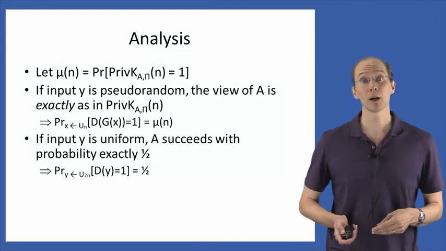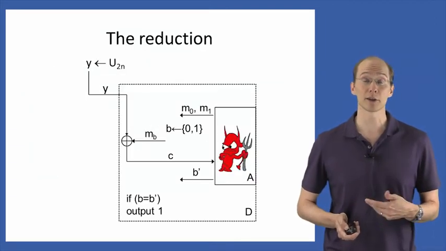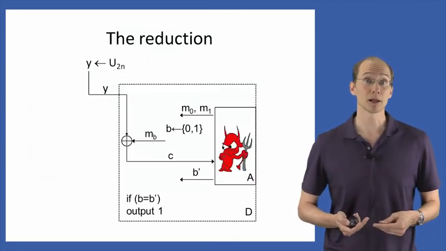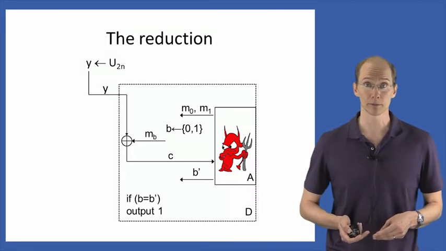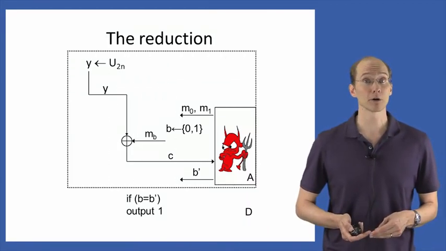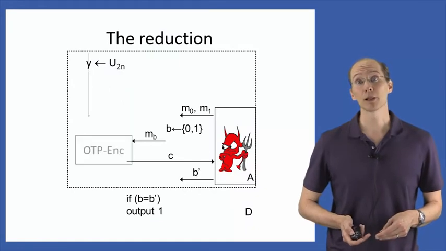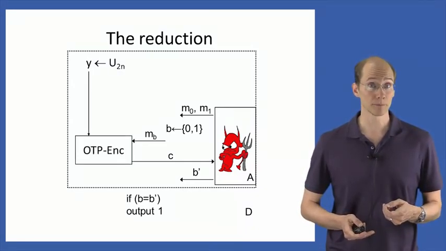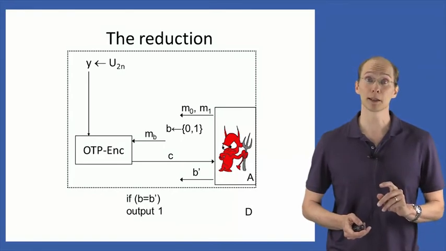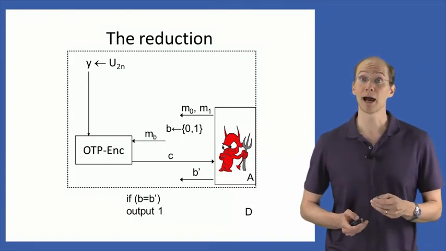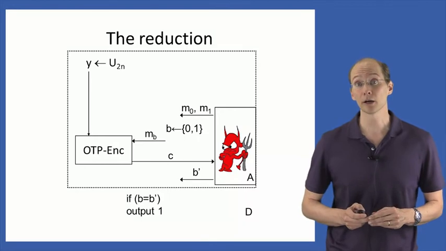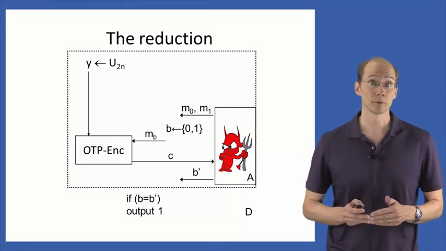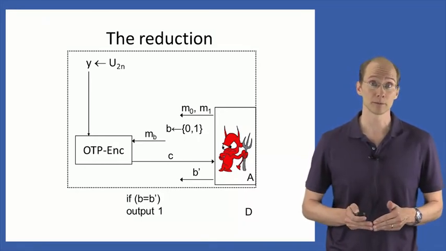And we can look at this picture as well. So here I have the same picture, but now sampling y as a uniform 2n-bit string. And if we draw our picture again a little bit differently, and replace this part here with encryption using the one-time pad scheme, right? Not the pseudo one-time pad scheme, the one-time pad scheme, because now the key y here is uniformly random, a uniform 2n-bit string.